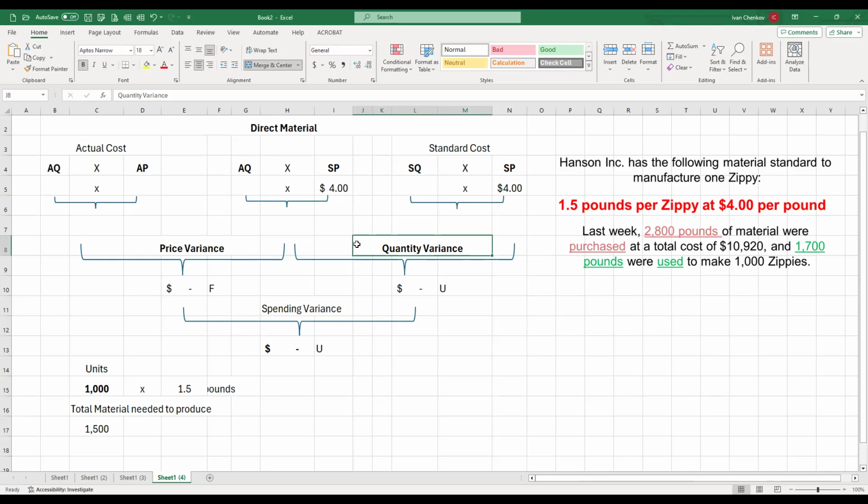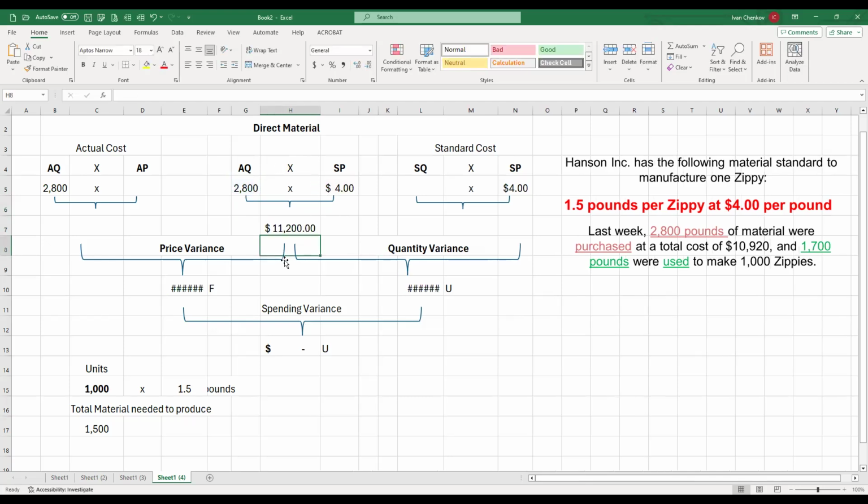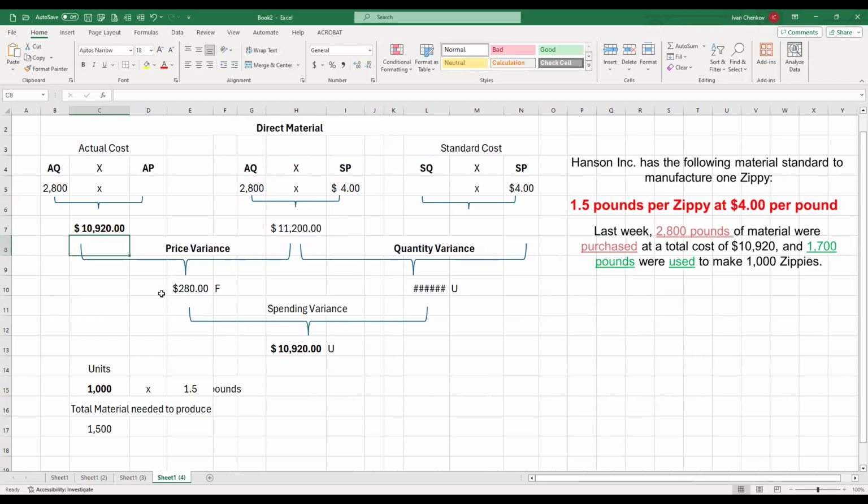So what's the actual amount of material that we purchased? That would be 2,800 pounds, correct? That's the amount that we purchased. So here we have our first number, which is 11,200, but we actually paid 10,920.